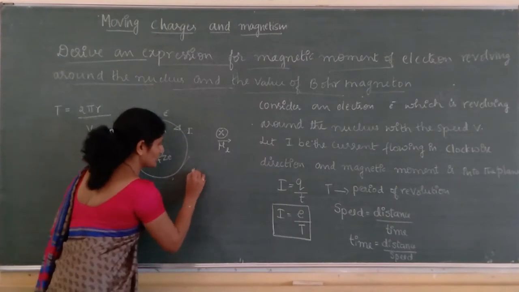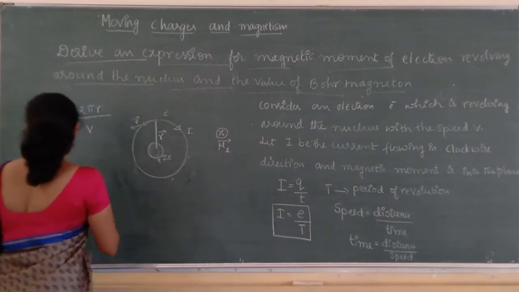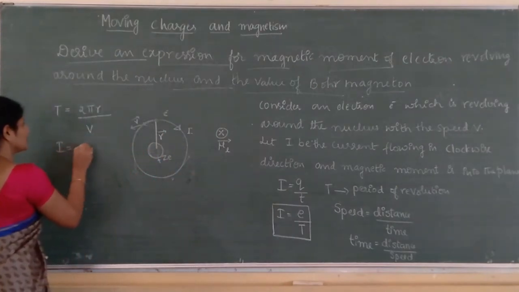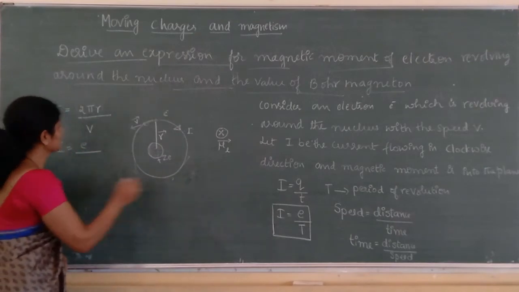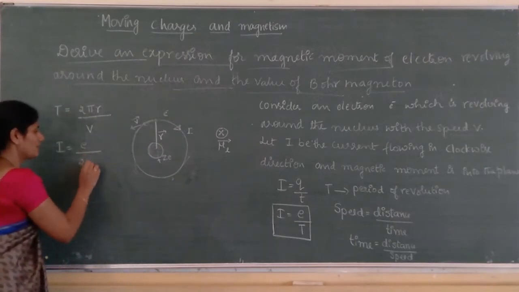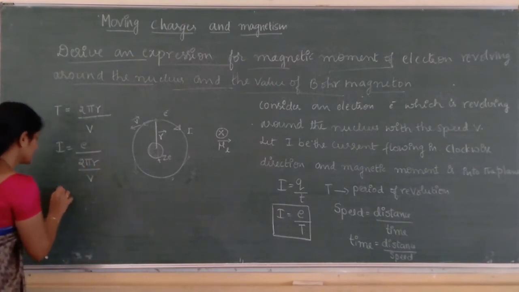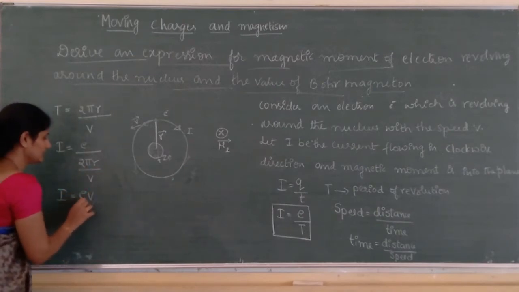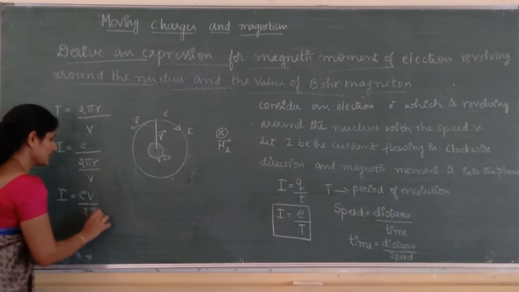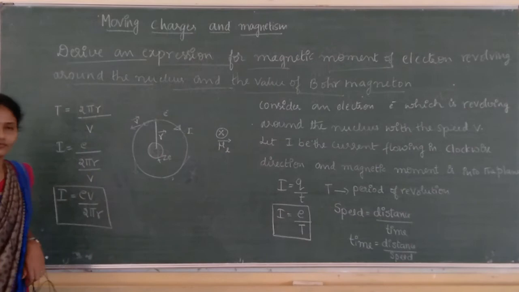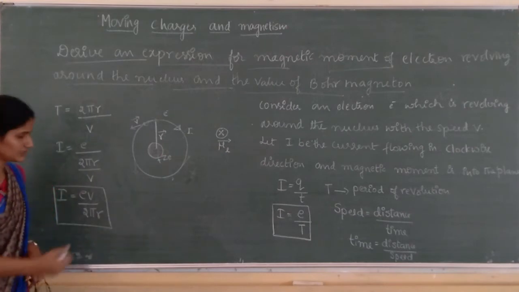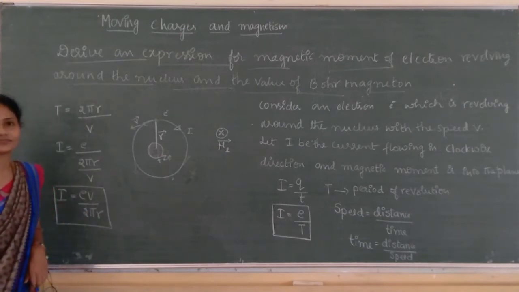Therefore, current I is equal to e divided by T. T is 2 pi r divided by v. I is equal to ev divided by 2 pi r. This is the expression for current in terms of speed and orbital radius.